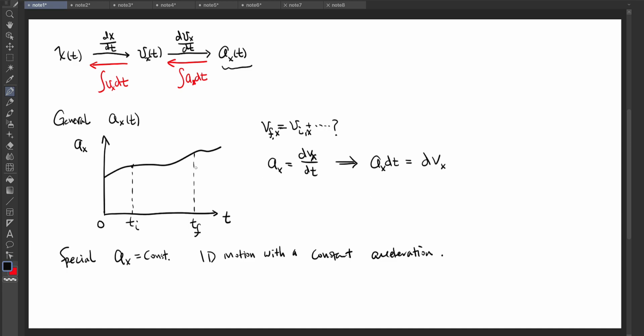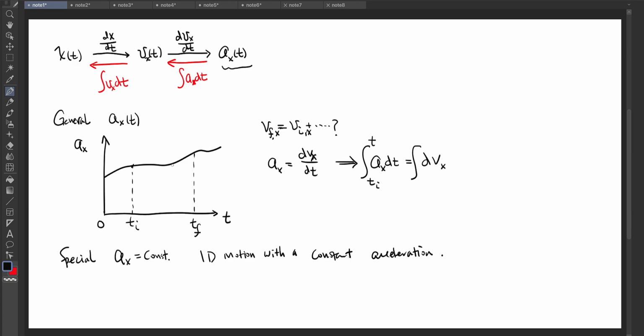Now we can put the integration sign on both sides. For the same quantity, I can integrate over the same range. Let's say I'm looking at some initial instant, t_i, and some arbitrary instant t. Let's not call this upper bound t_final, because I want to get a general expression of v as a function of time.